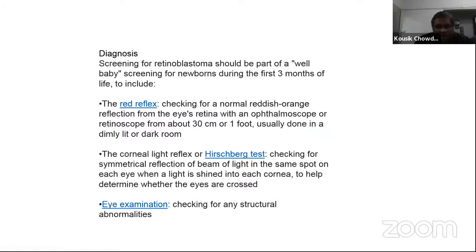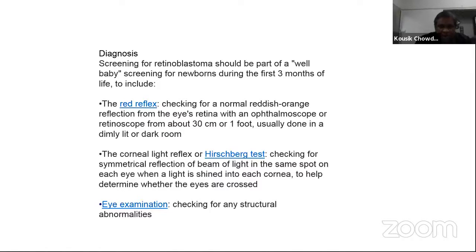How can we diagnose? Screening for retinoblastoma should be part of a well baby screening for newborns during the first 3 months of life to include the red reflex, checking for a normal reddish orange reflection from the eye's retina with an ophthalmoscope or retinoscope from about 30 centimeters or 1 foot, usually done in a dimly lit or dark room.